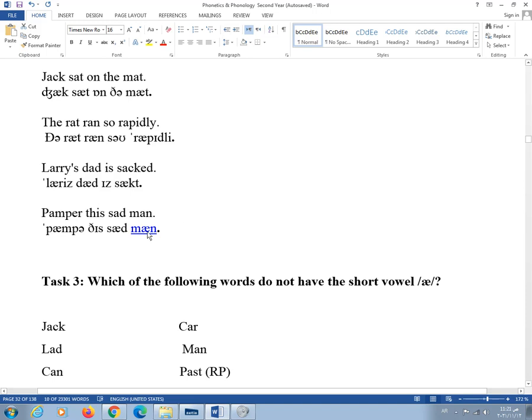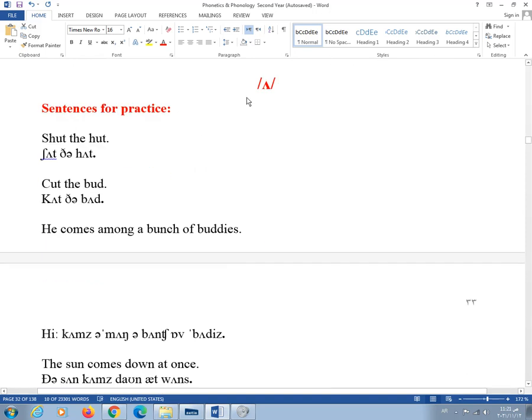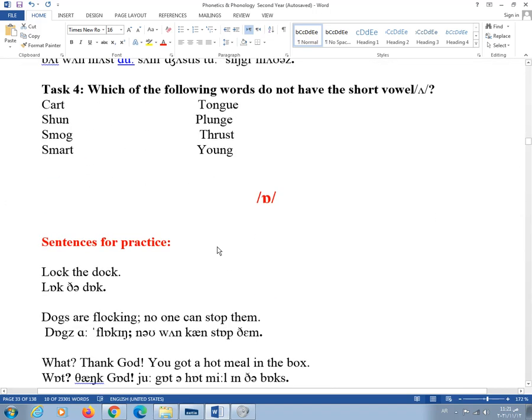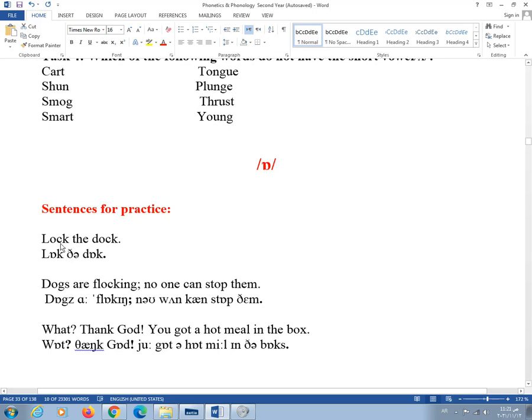Okay. Number 4, /ʌ/: shut the heart, cut the bud. It's a very easy one. Number 5, /ɒ/: lock the dog. Dogs are flocking, no one can stop them. By the way, this vowel is pronounced with an R-like quality in American English, so they say "lock the duck" instead of "lock the dog".